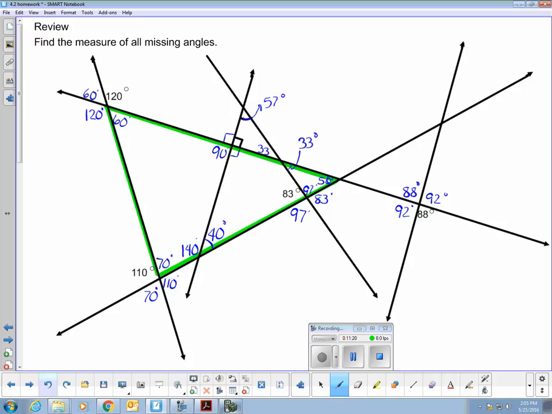These two angles are supplementary. Another pair of vertical angles. Here's another pair of vertical angles here. So to find the measure of this missing angle, I know two of the angles in that triangle are 50 and 88.